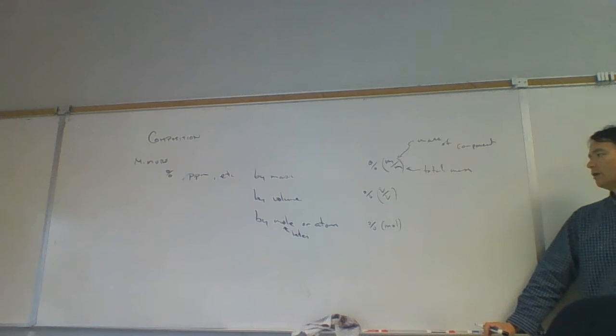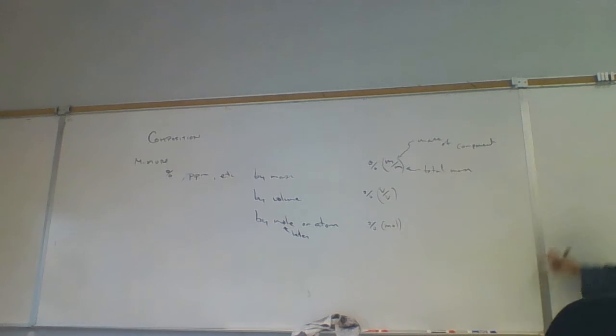But we also have a hybrid unit like this, percent M over V. One common one that's M over V percent is 0.9% sodium chloride, M over V. And the way this would be read is it would be 0.9 grams of sodium chloride per 100 milliliters of solution.